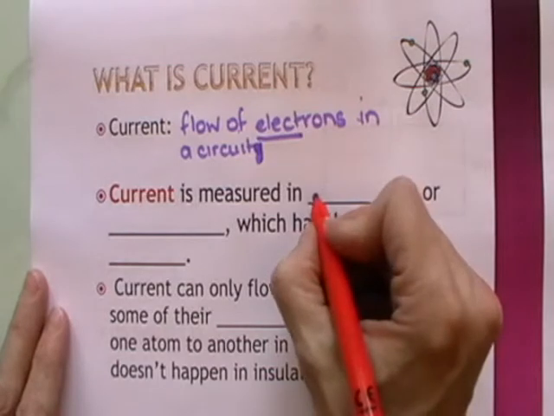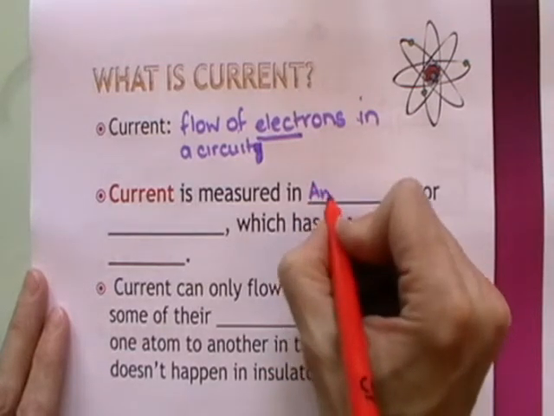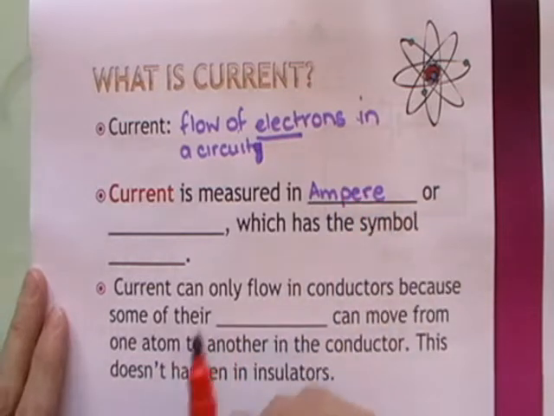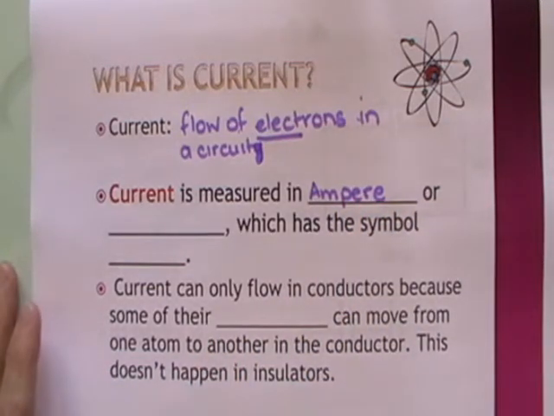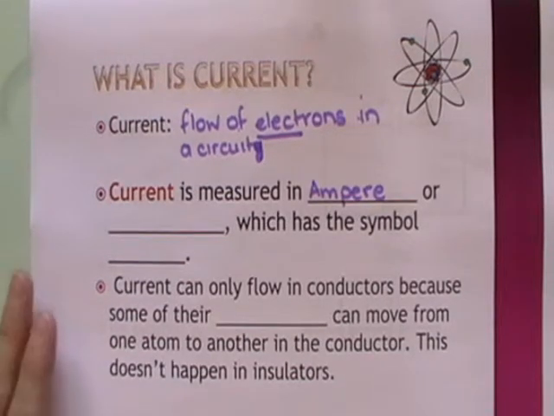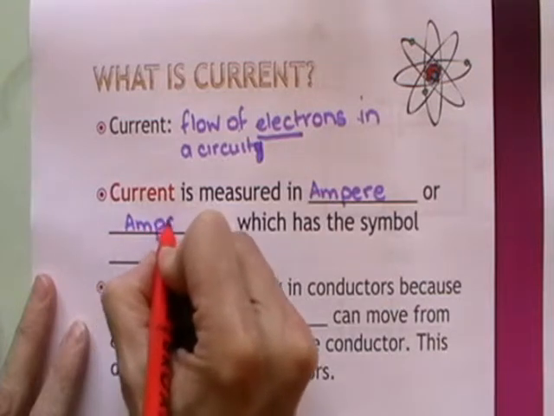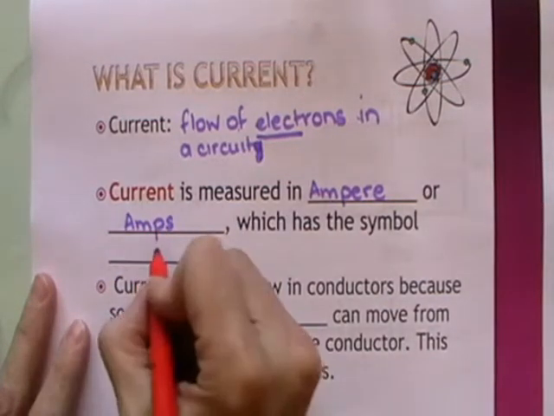Current is measured in amperes, which is the surname of Henri Ampere, who discovered or who named current, and we shorten that to amps. And the symbol we use for amps is just a capital A.